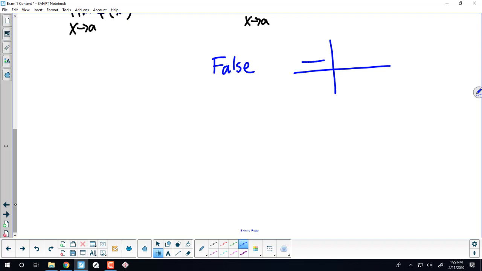What about a function like this? Well, the limit isn't equal to the function. Right, so there's an example of a limit that doesn't exist, but neither of those limits is infinite. So it is false. Here's a counterexample. You can think of other counterexamples too, I'm sure.